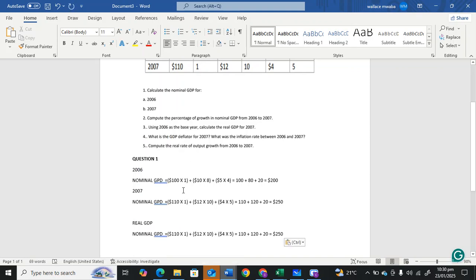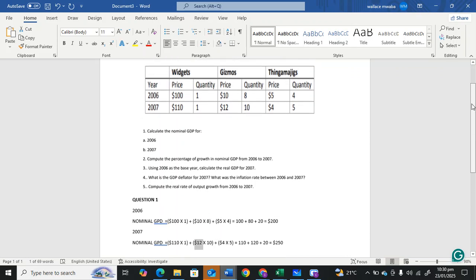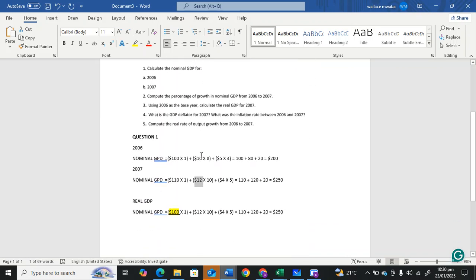So instead of using 110 for the widgets, which was the price for 2007, we'll use the base year price of $100. Instead of using this $12 for the, what product was this? For gizmos, we're going to use the $10 for the base year, 2006.